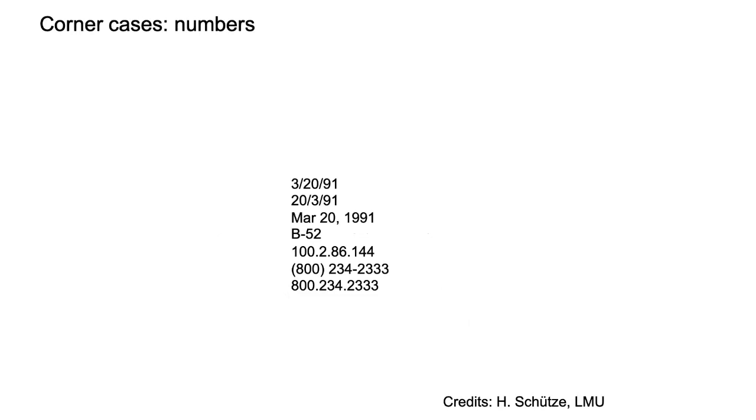Then you have the numbers. You could throw them away, but maybe you want to index the dates. So with the dates, the first problem is the convention. How do you know, for example, if 3/8 is today, the 8th of March, or could it be the 3rd of August if you write it in this way, right? So this is a matter of convention between the US and here.